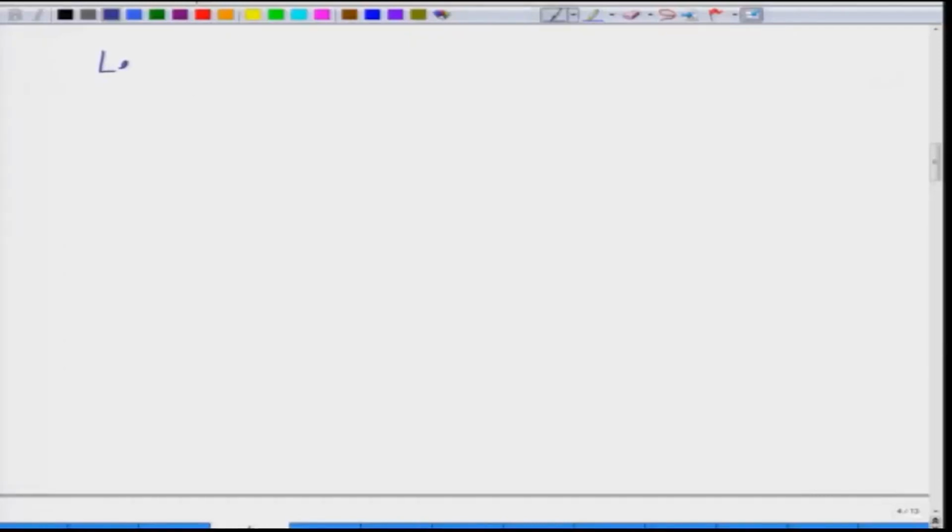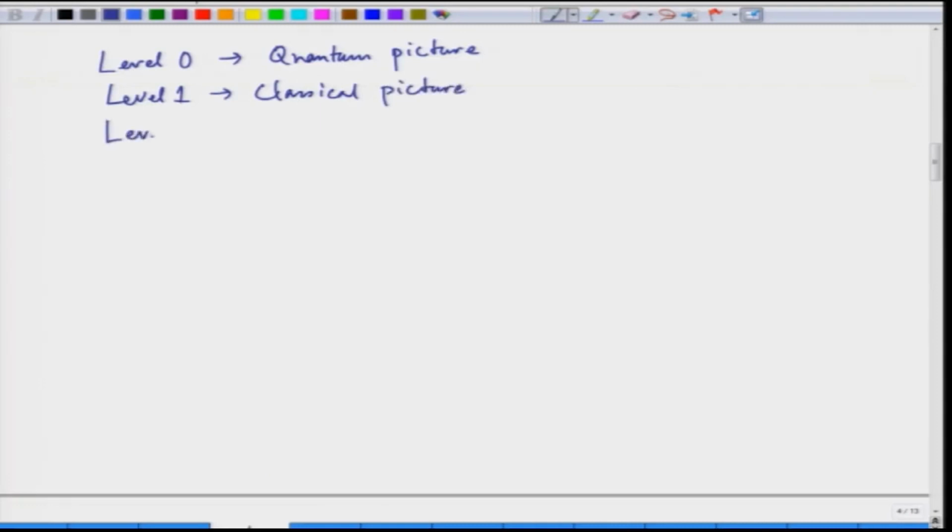So, we start by saying that for our case level 0 is the quantum picture, level 1 is the classical picture, level 2 is also a classical picture but with a large number of particles.